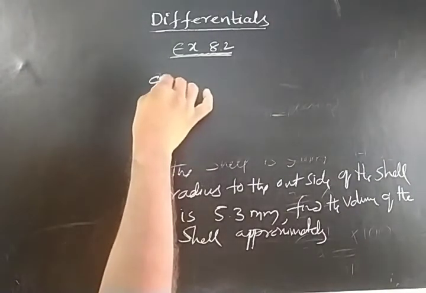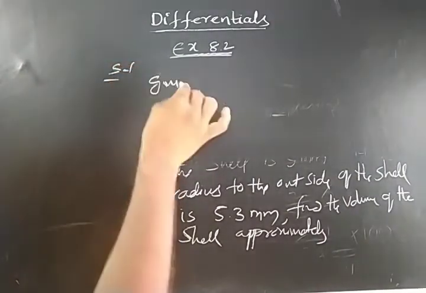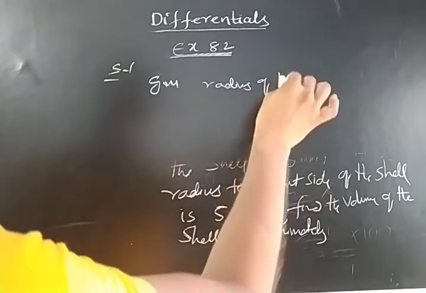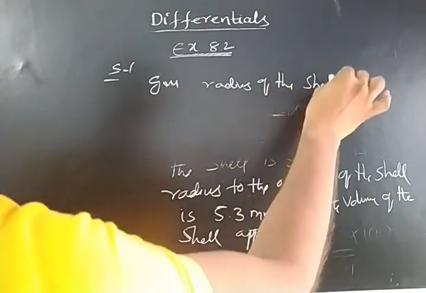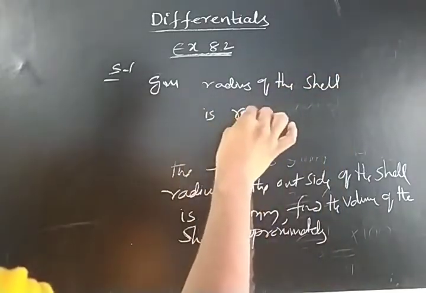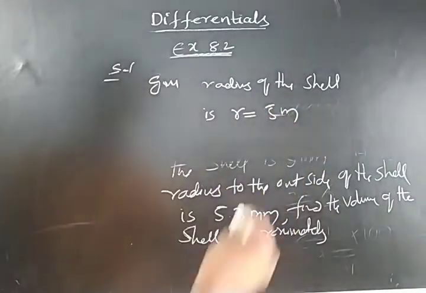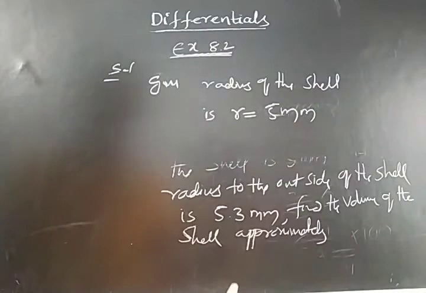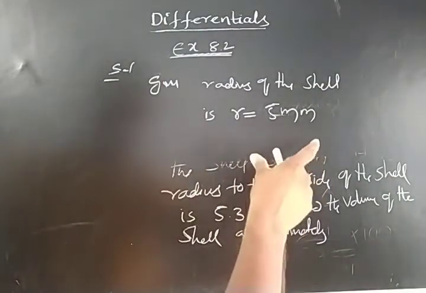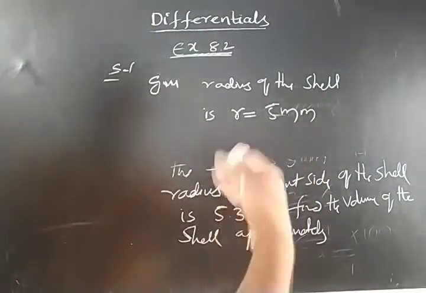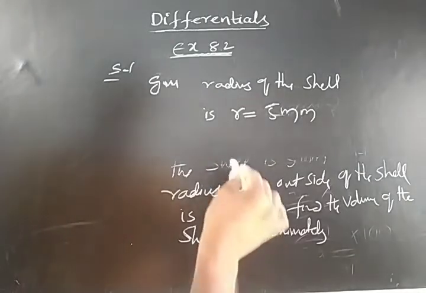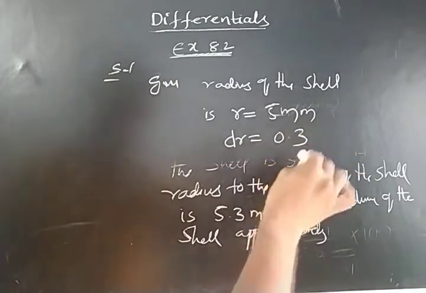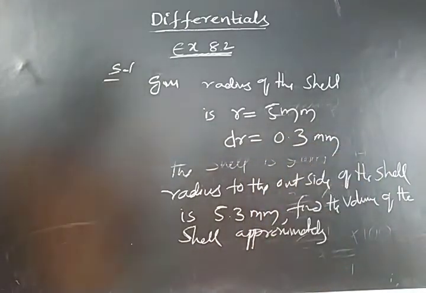So, solution: given the radius of the shell, I am taking r as 5 mm, which is the inside of the shell. If you assume the outside also, then the radius becomes 5.3 mm. So here the change dr is how much? 0.3 mm. dr is 0.3 mm.